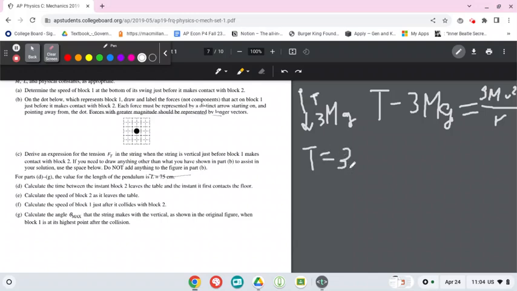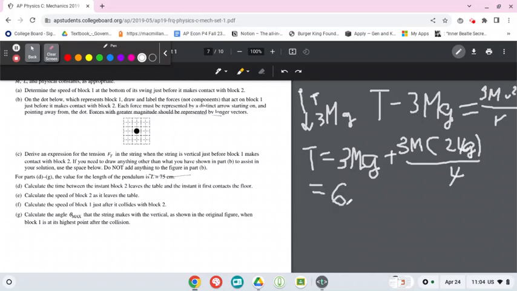We get T equals 3mg plus 3m, v squared would be 2gL, and r would actually be L. So these two cancel out, and you end up with 6mg. That's supposed to be a g. Hold on.